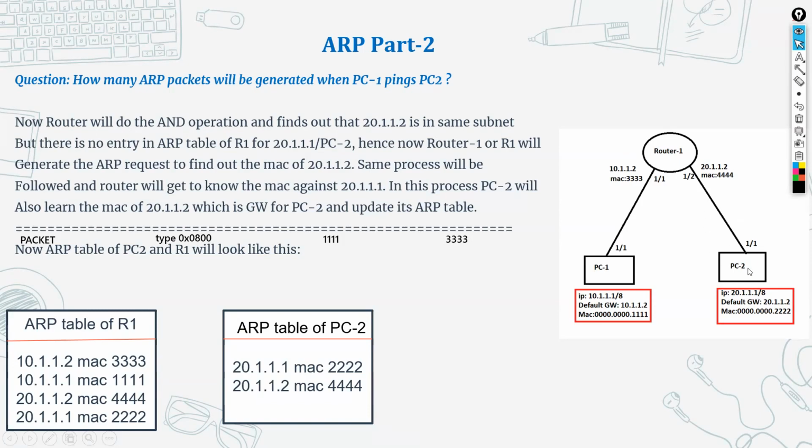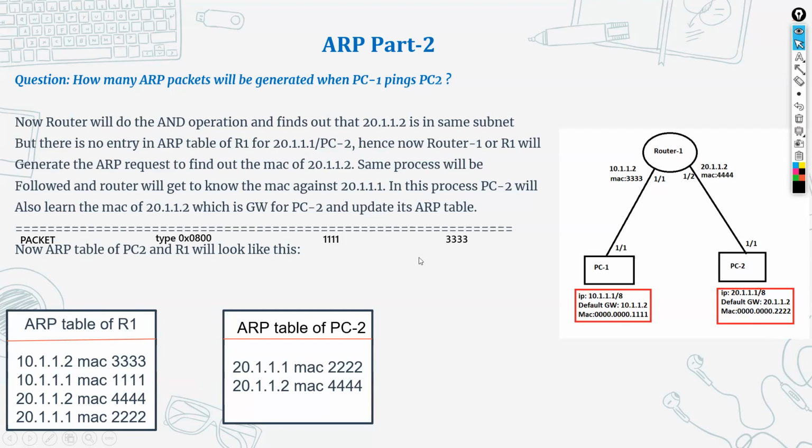When PC2 receives the ARP request, it can now learn the MAC address against its gateway IP, right? Because when router 1 sends the ARP request, the IP and MAC information is already there. So now PC2 can save the information that, okay, my gateway IP MAC is 4444, right?